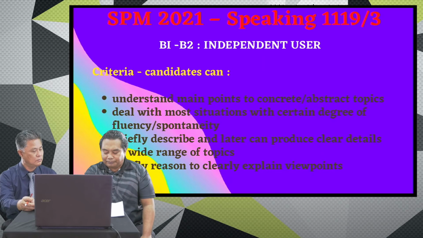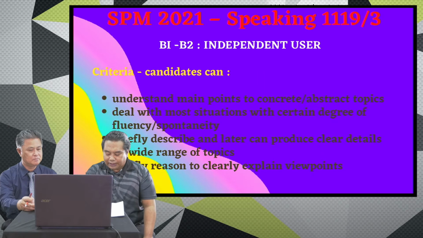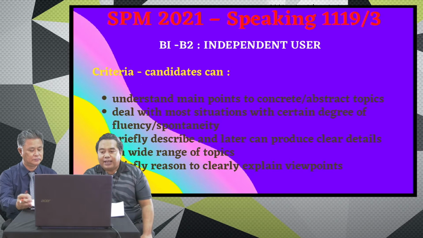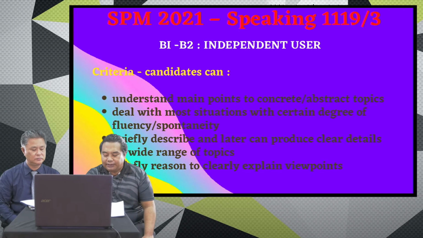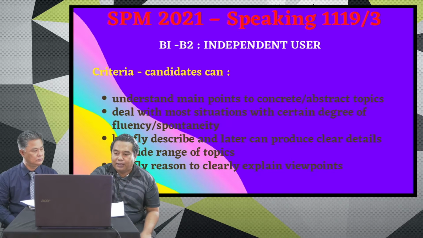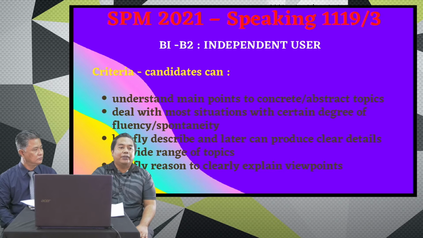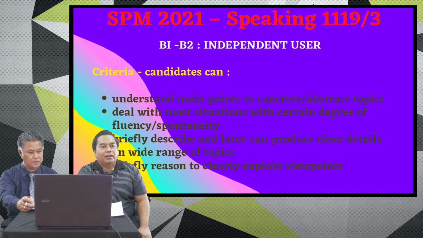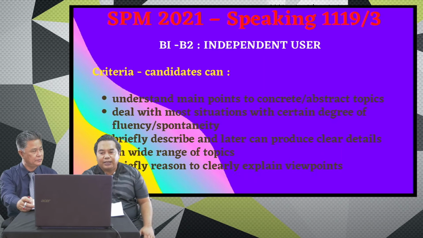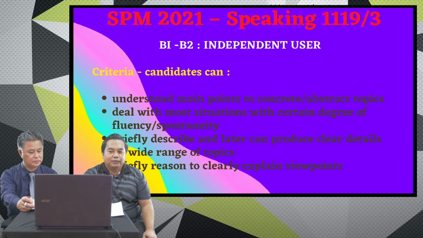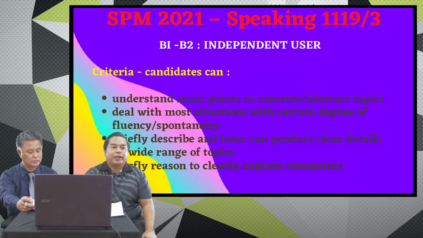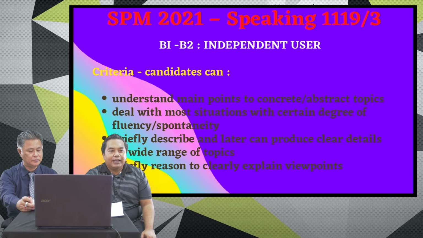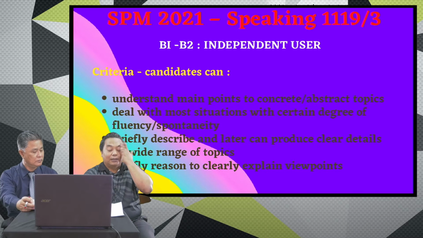For example, when they say that I like playing hockey, I like playing hockey because hockey is a team sport. So he can give a clear viewpoint. He can clearly explain why he likes hockey.